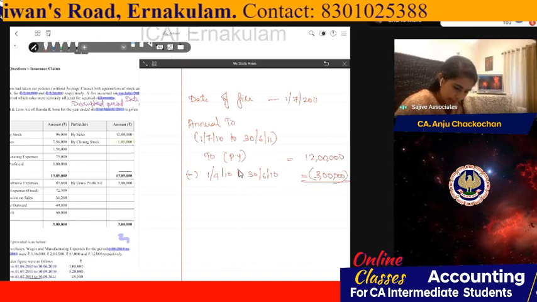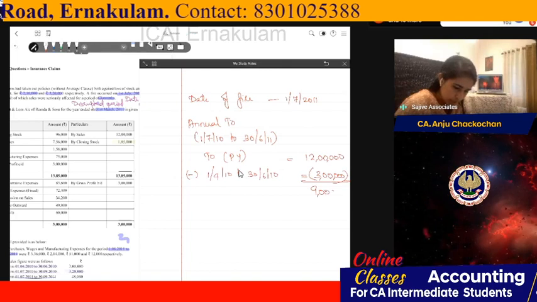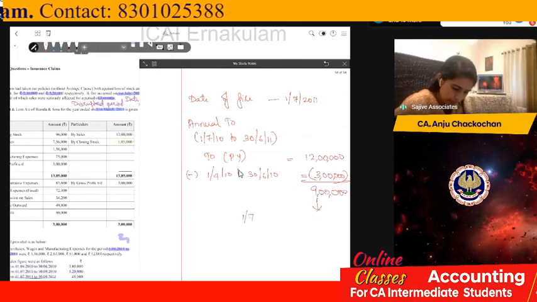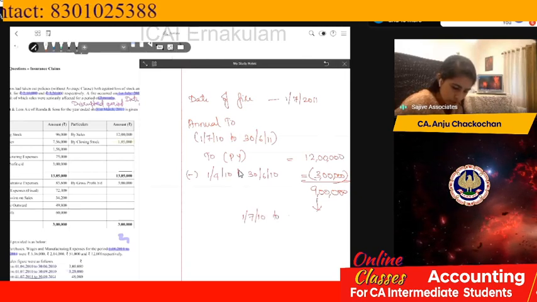So it will be 9 lakh, which means this is the turnover from 1st July 2010 to 31st of March 2011.